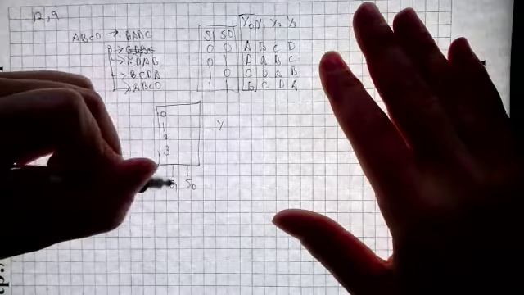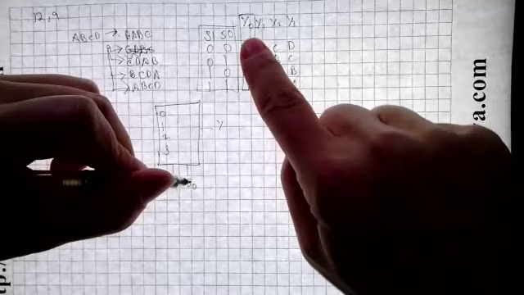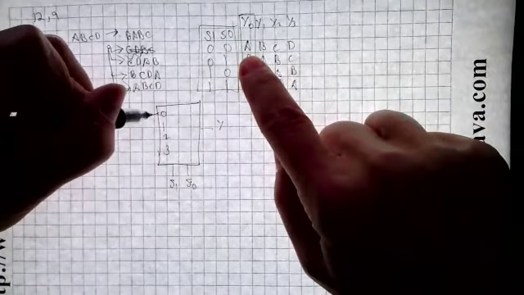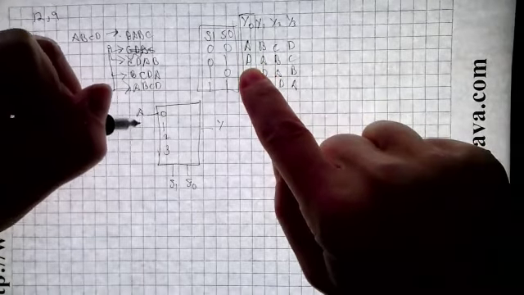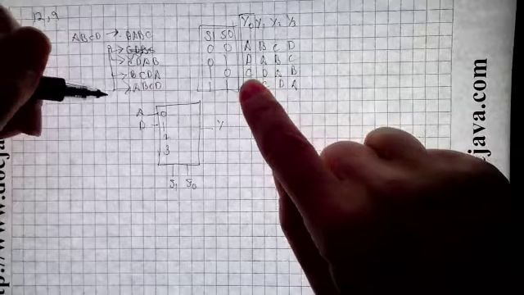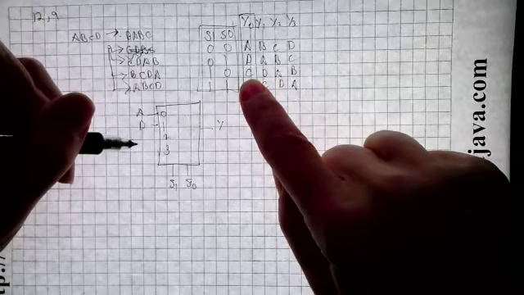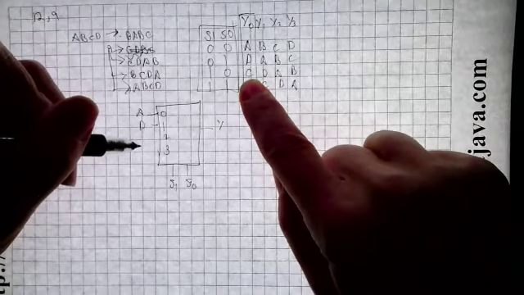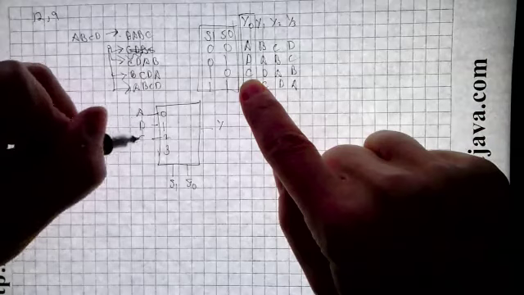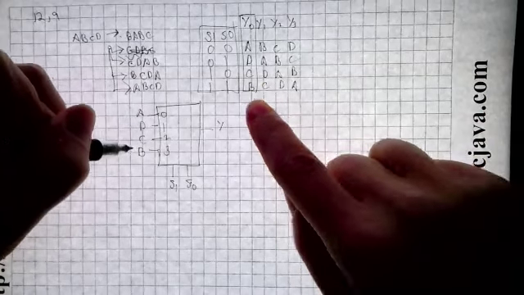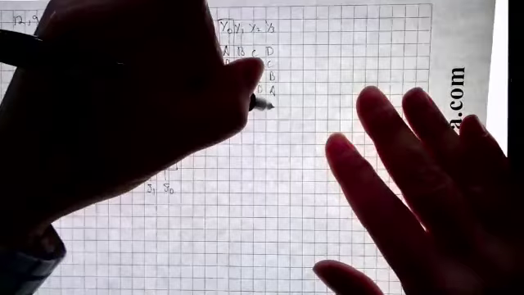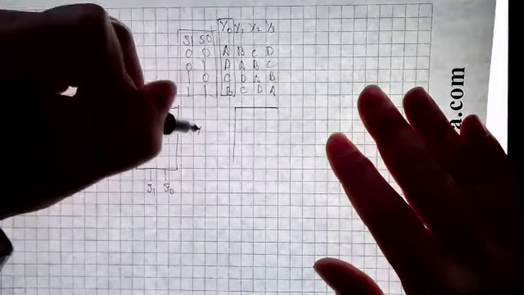And if it's 0, 0 on input, the output for Y0 should be an A. And if it's 0, 1, the output should be a D. And if it's 1, 0, the output should be a C. And if it's 1, 1, the output should be a B. Now we go to the next multiplexer.